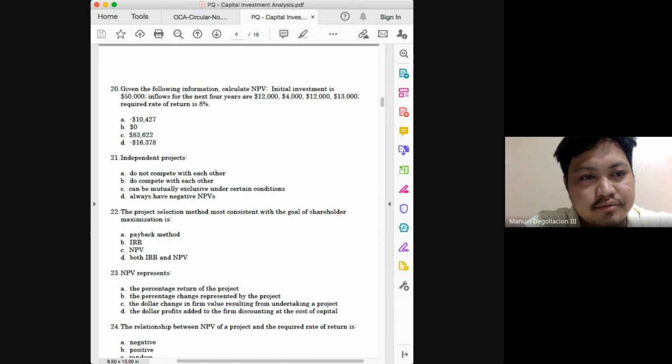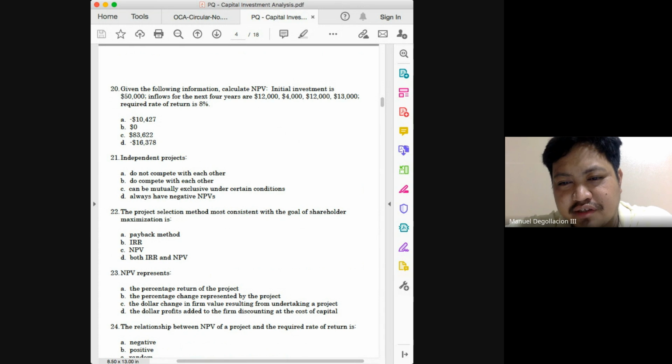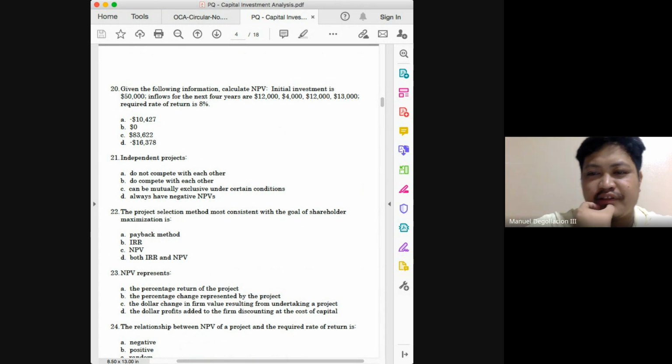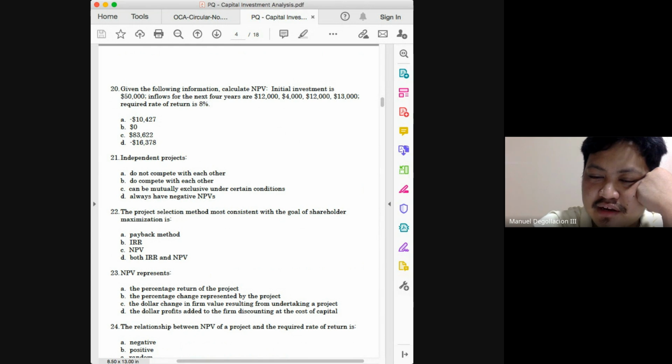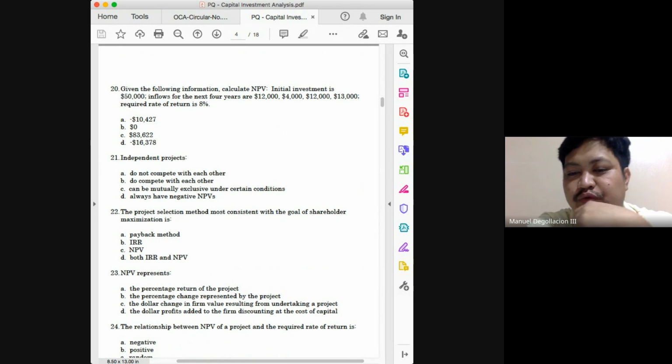Next, given the following information, calculate the NPV. Initial investment is 50,000. Inflows for the next 4 years are 12,000, 4,000, 12,000, 13,000. The required rate of return is 8%. So basically the same procedure. You get the present value of the 12,000 discounted for 1 year. You get the present value of 4,000 discounted for 2 years.